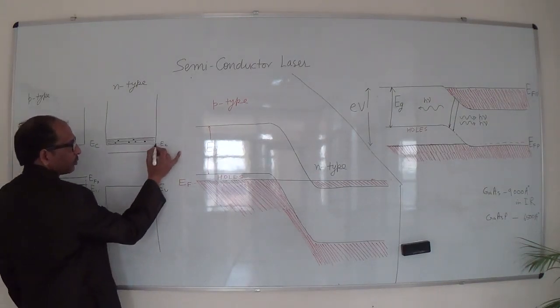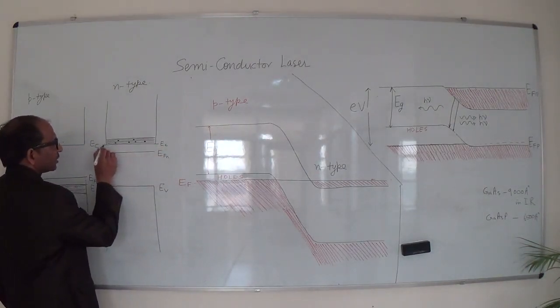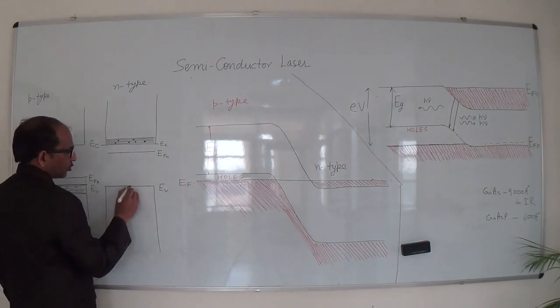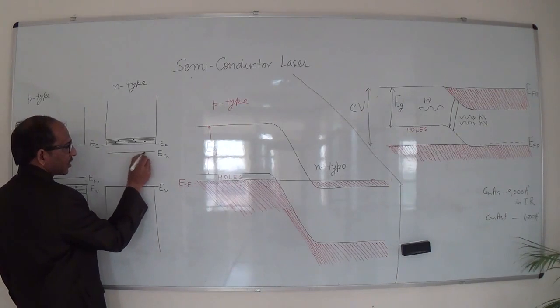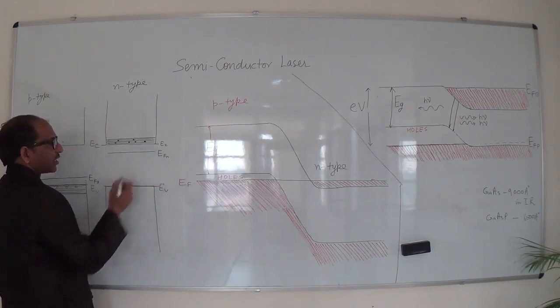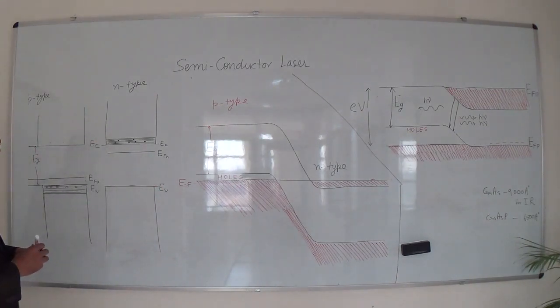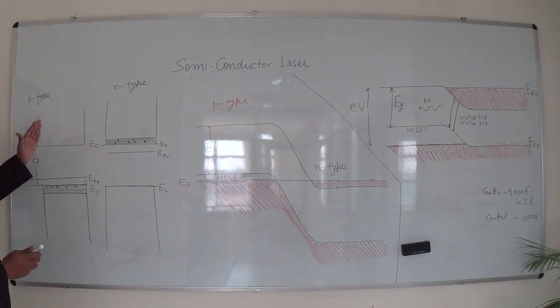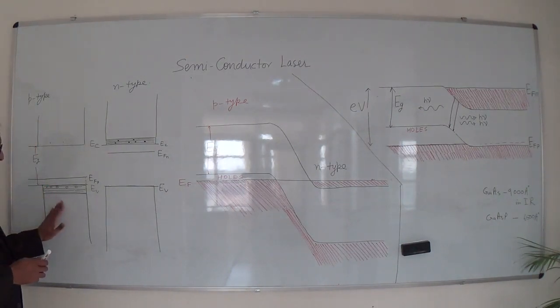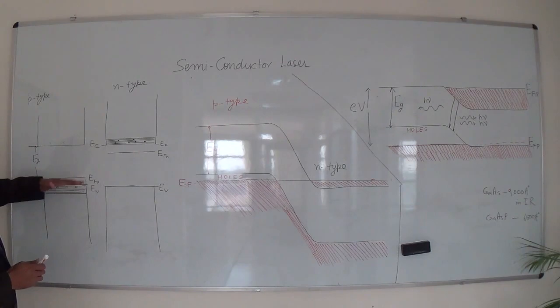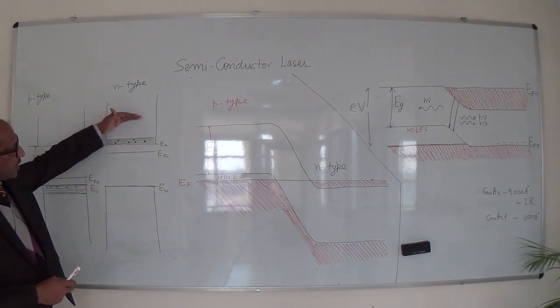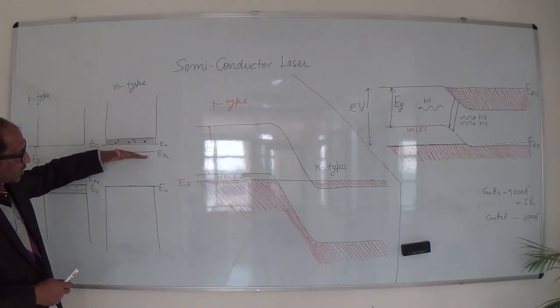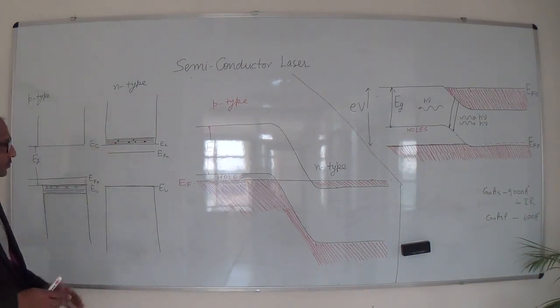This is the bottom of the conduction band, this is the top of the valence band, and this line represents the Fermi energy level.